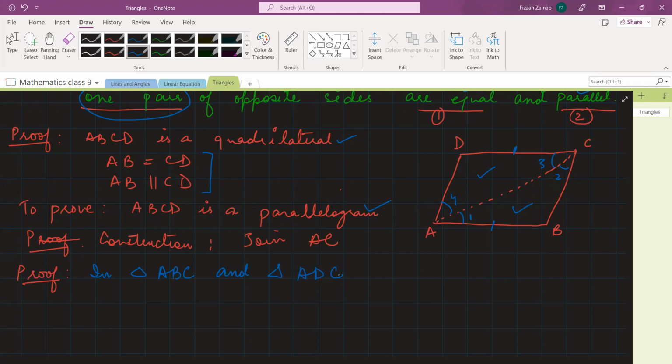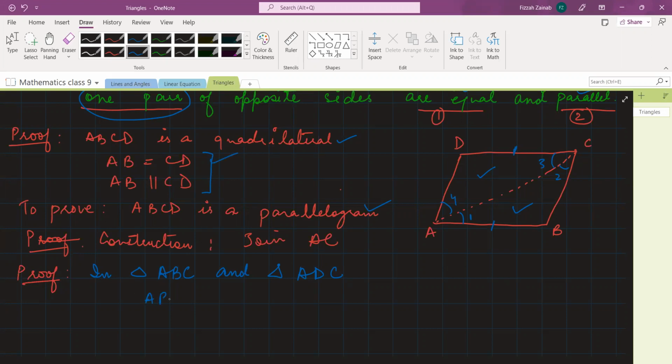Now come on, who will tell me what is equal to what? Tell me three things here. Something is already given, isn't it? In these two triangles, one thing is already given.